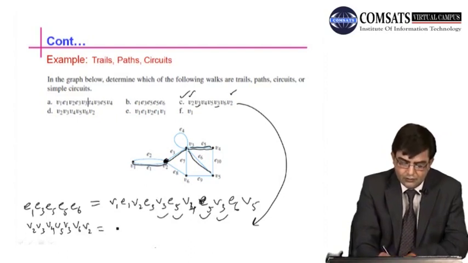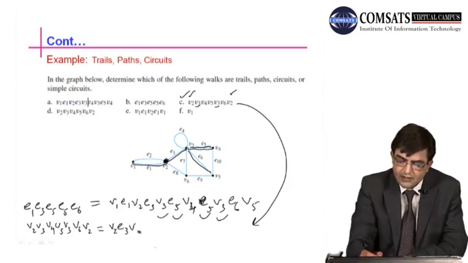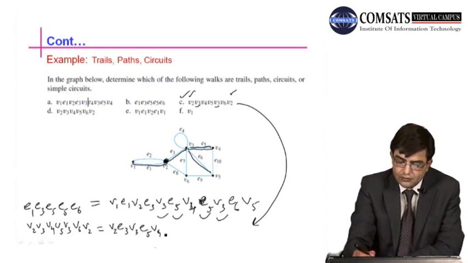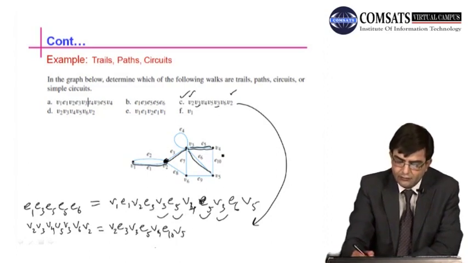We write V2, and we go to V3, and in the middle we write E3, V3, and then we go to V4, and from V3 to V4 we have E5, so we write V4, and then from V4 to V5 we have E10 between V4 and V5, so we write E10 and then V5, and from V5 we go to V3, and there is E6 from V5 to V3, so we write E6 and then V3, and then from V3 we go to V6, here we have E7, V6, and then from V6 we go to V2 again, and in this we have E8 and V2.